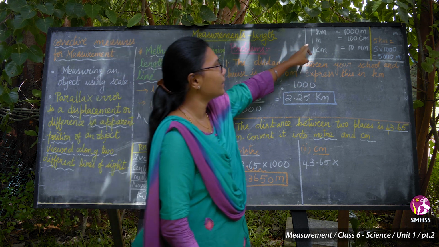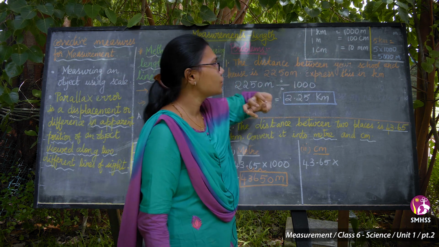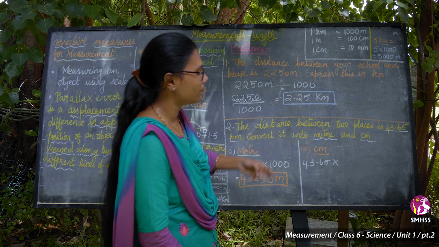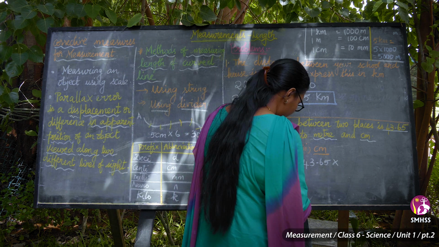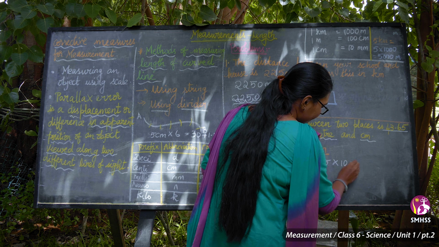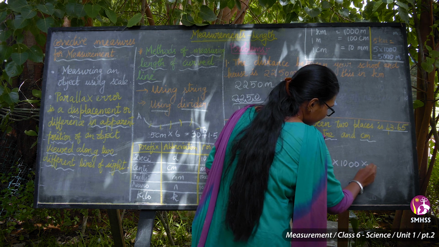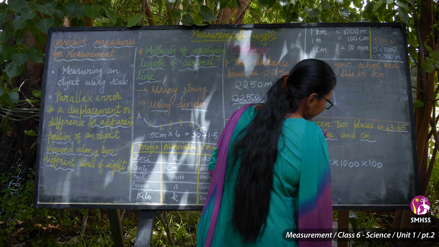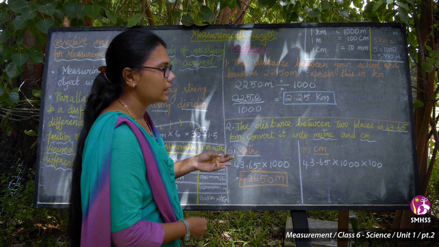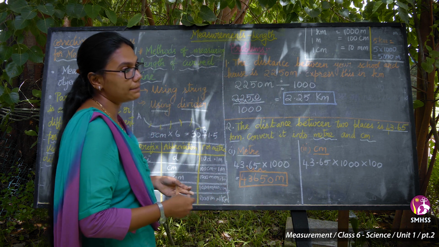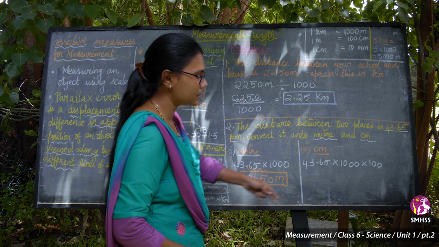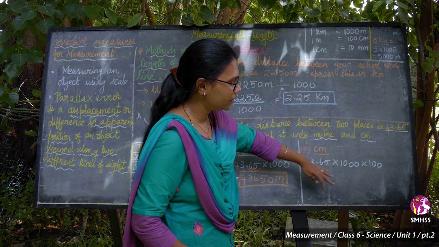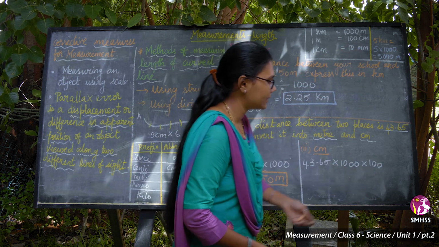For 1 meter, you have 100 centimeter. To get to meters you first have to multiply by 1000, and after that into 100 for centimeter. To convert kilometer into centimeter you have to add on this 1000, write the meter part, and after that you get the centimeter.